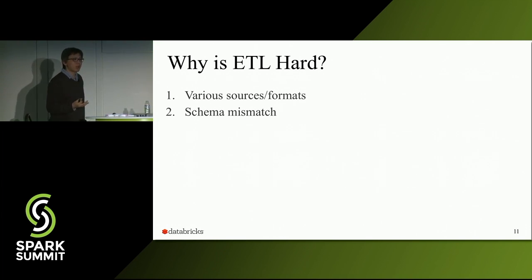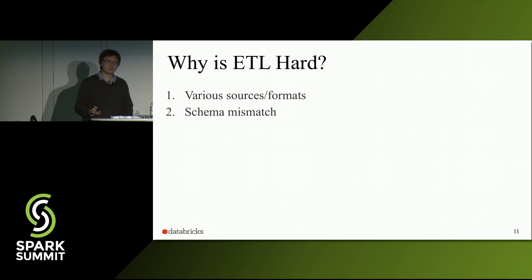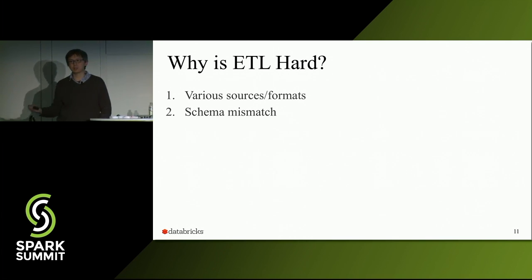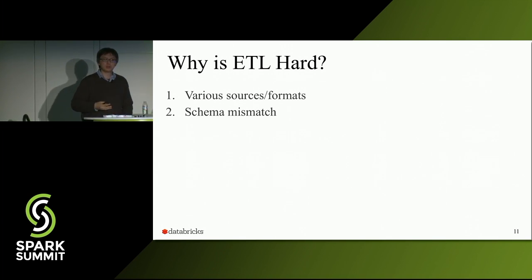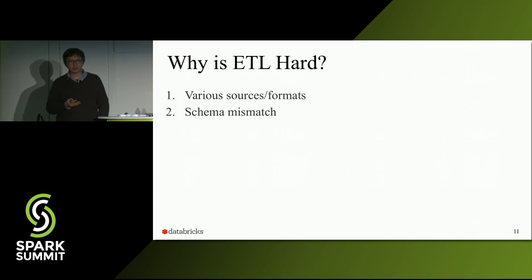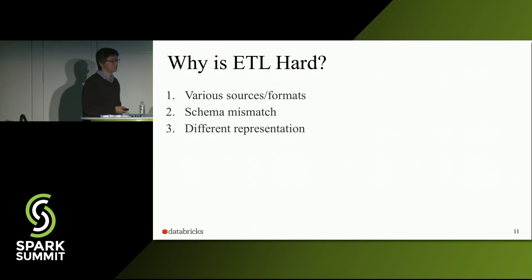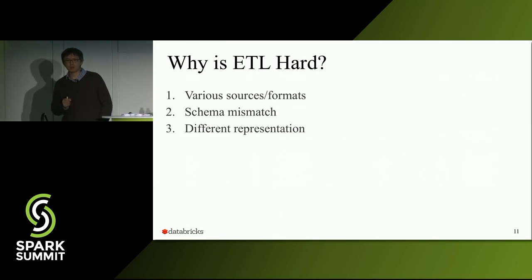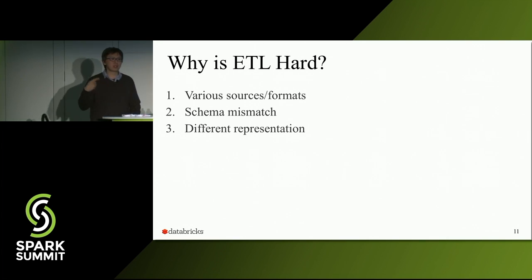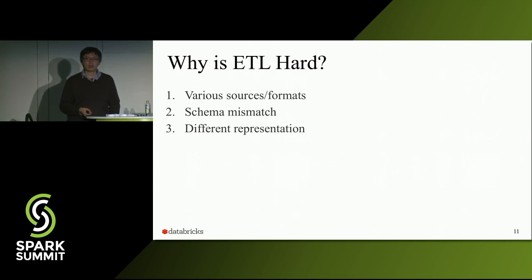And then we could have an issue about schema. The users define the schema, but the data might not follow the schema. If you get the data from different sources, their schema might not match. Even for a single column, you could have different ways to represent the same thing, like date time.